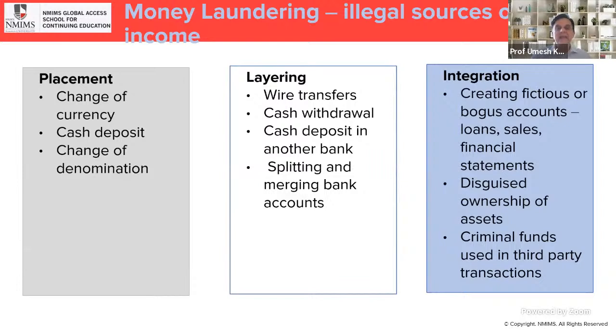Layering: wire transfers happening, cash withdrawals taking place, cash deposits happening, but not in your bank, in another bank, and there is splitting and merging of bank accounts. Integration: creating bogus accounts, money parked in those bogus accounts and then transported from there, disguised ownership of assets, and lastly, criminal funding used or disbursed for third-party transactions. So placement, layering, and integration, the three sources.